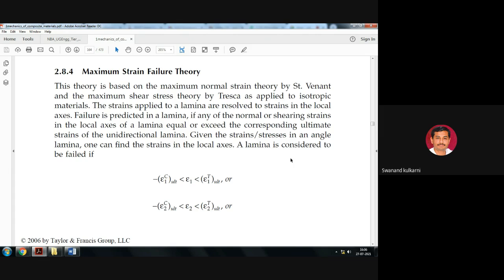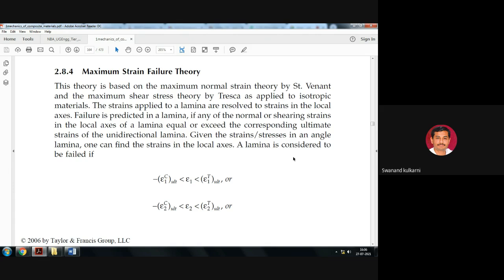But here, with these equations applied to the angle lamina concept, the isotropic material theories of Tresca and Saint Venant, the maximum normal strain theory and maximum shear stress theory, are used as a basis for this maximum strain failure theory.